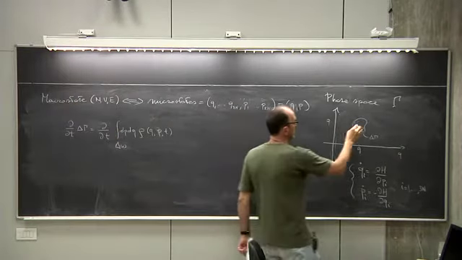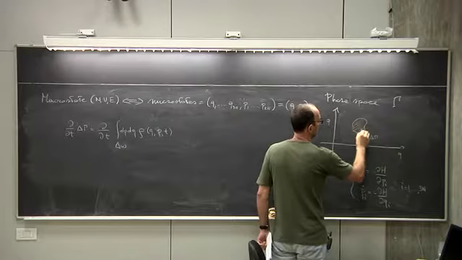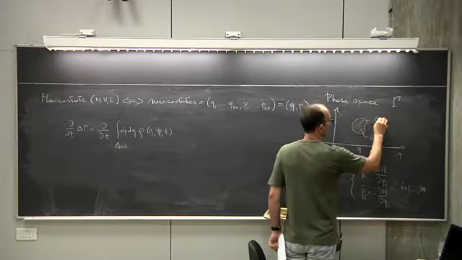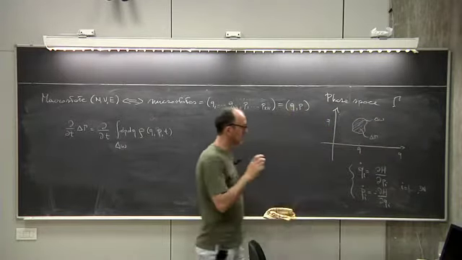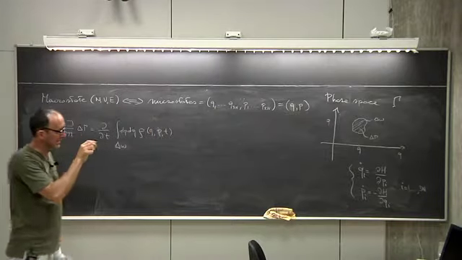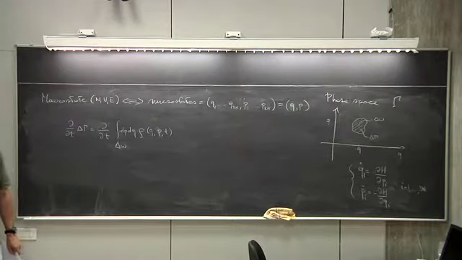So I call delta omega this volume of phase space, and delta gamma is the fraction of points of my ensemble which are in this phase space.